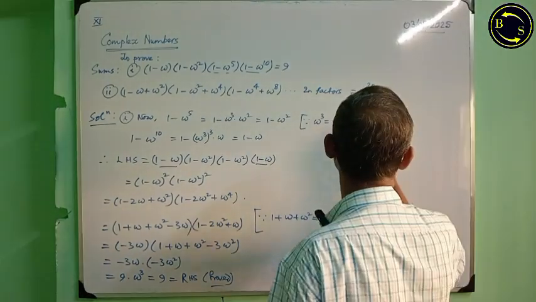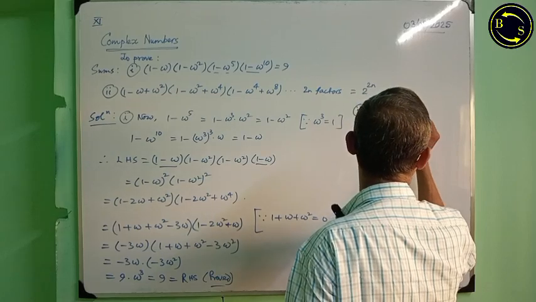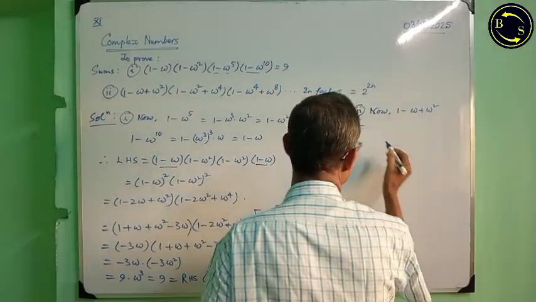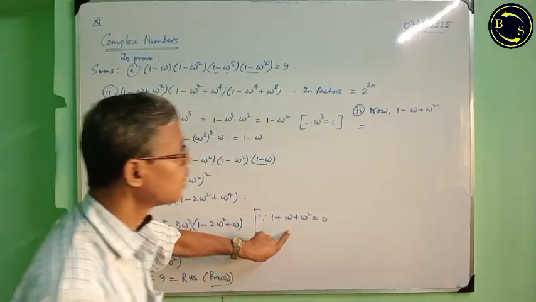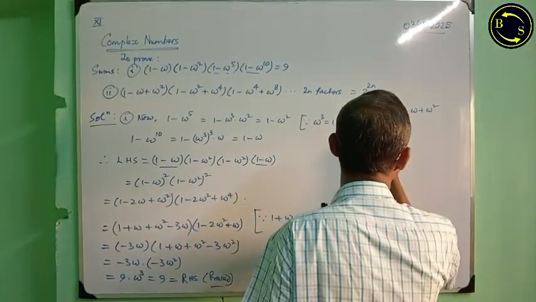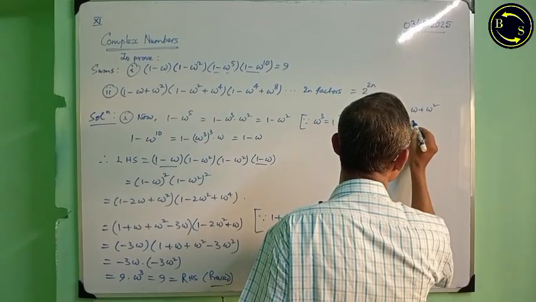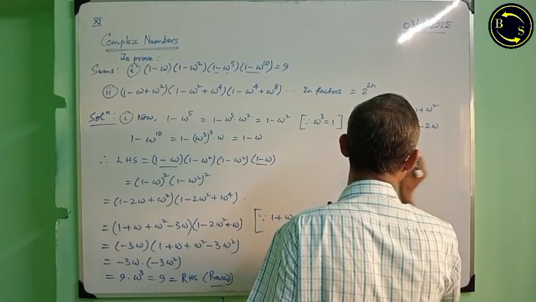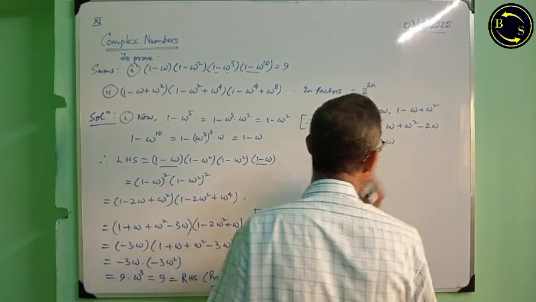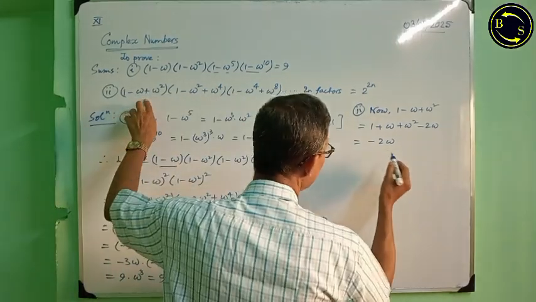First one: 1 minus omega plus omega square. We know 1 plus omega square equal to 0. Keeping that in mind, we rewrite this as 1 plus omega square minus 2 omega. This one is 0, that means finally minus 2 omega. First factor is minus 2 omega.